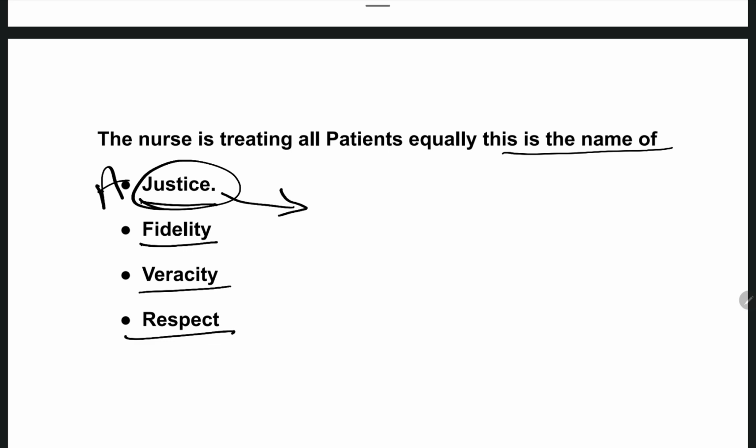Justice is nothing but fairly considering others' feelings and emotions and selecting a solution for the problem. All the patients come to the hospital for treatment purposes. So if you give care to everyone in an equal way, that is justice.